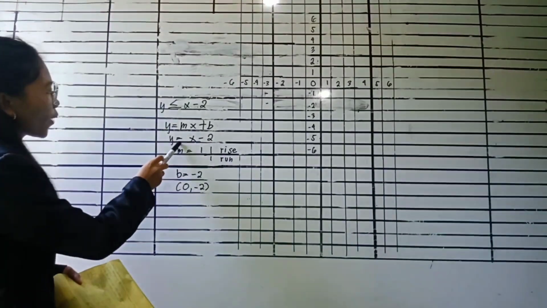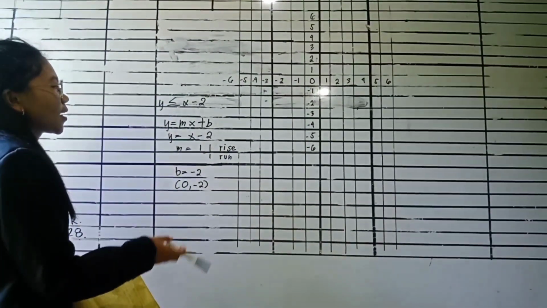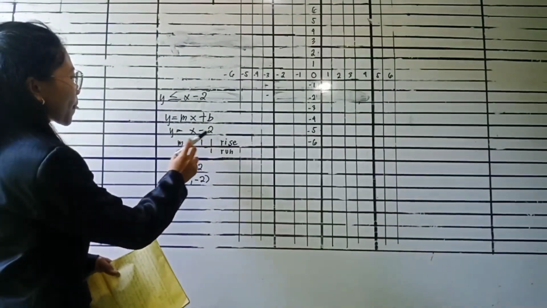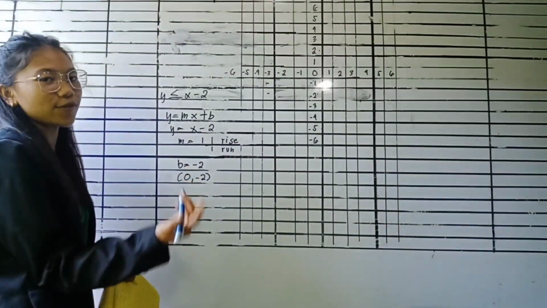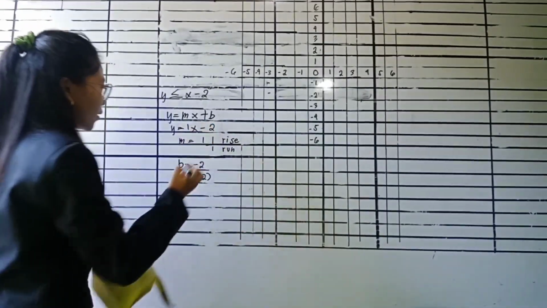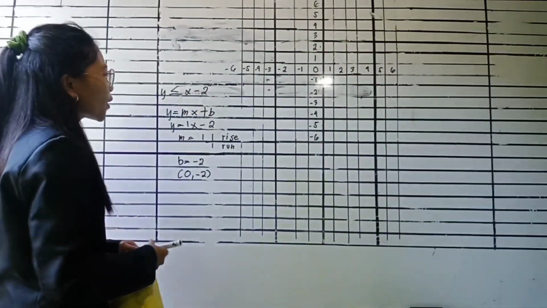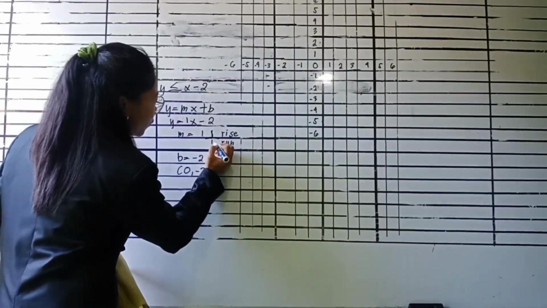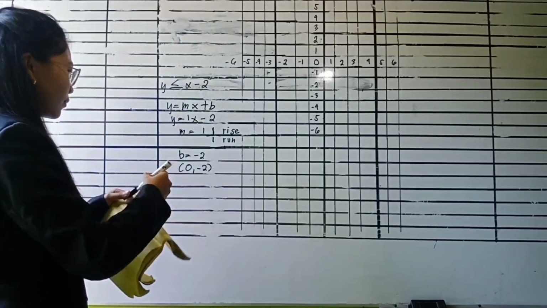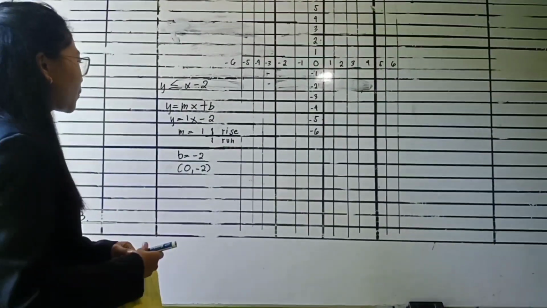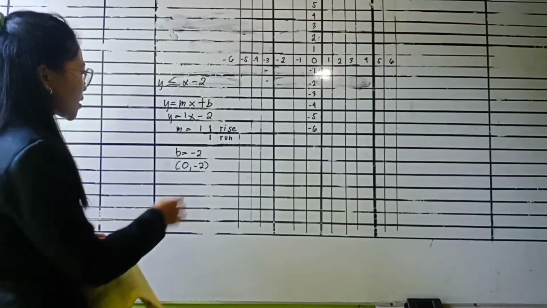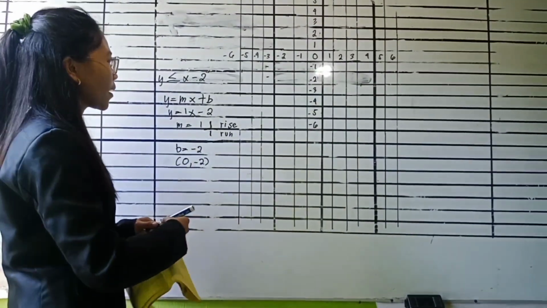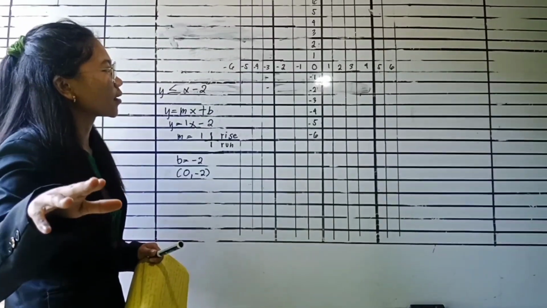So, y equals x minus 2. The slope is 1 because the coefficient of x is 1. If we make it a fraction, it becomes 1 divided by 1. And the y-intercept is negative 2.